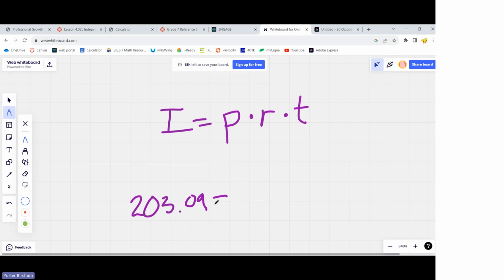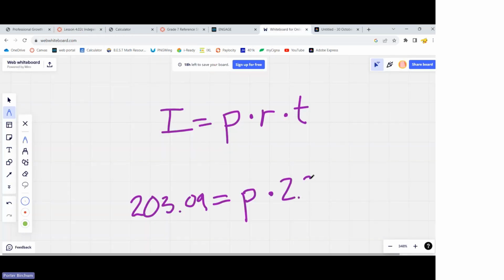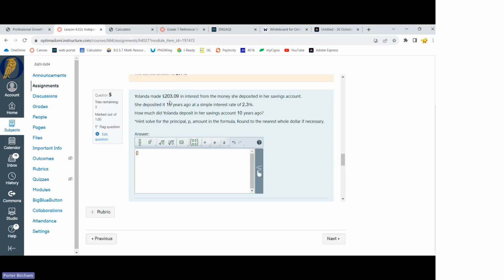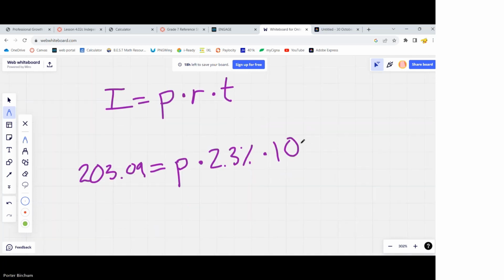It looks like we're missing the principal, so that stays missing, P. What is the rate? 2.3%. And what's the time? 10 years.